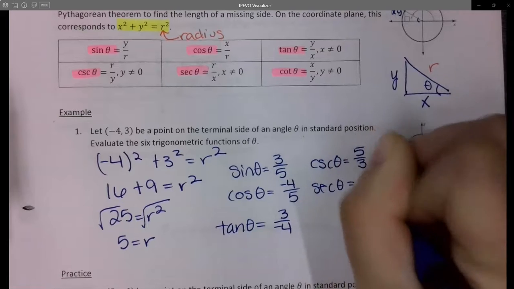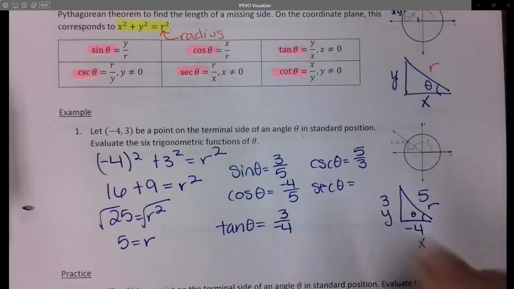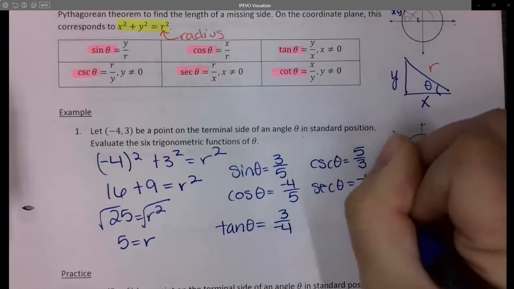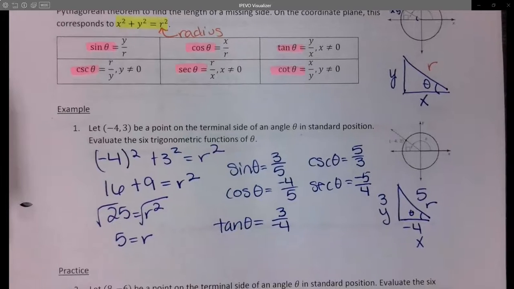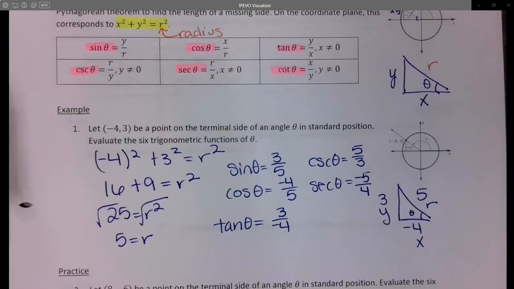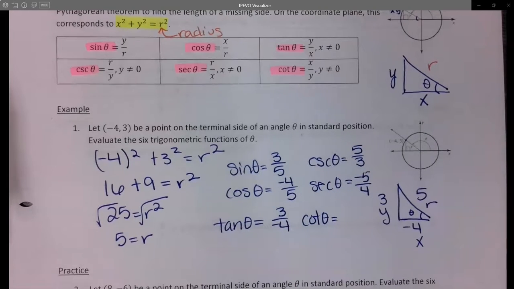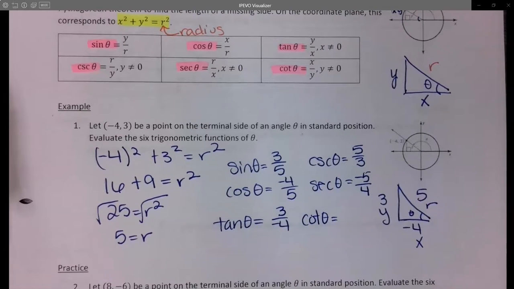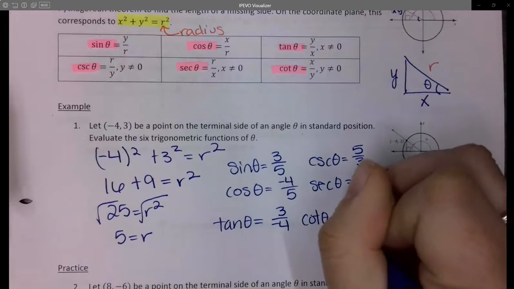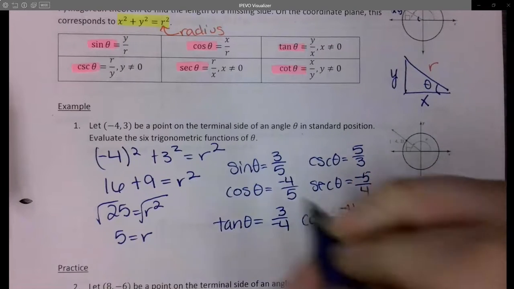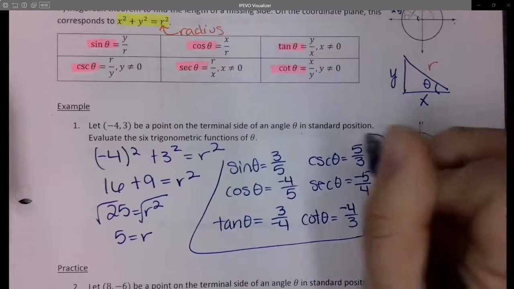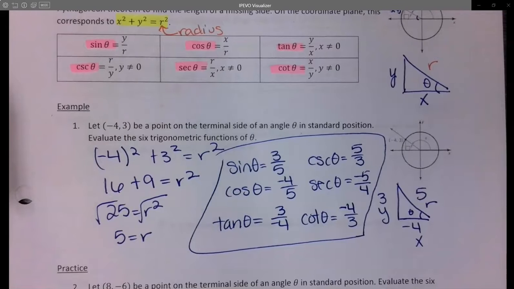This is flipping cosine, so instead of -4/5, I have -5/4. Then I have my cotangent, and this one flips my tangent, so I would have -4/3. Questions here?